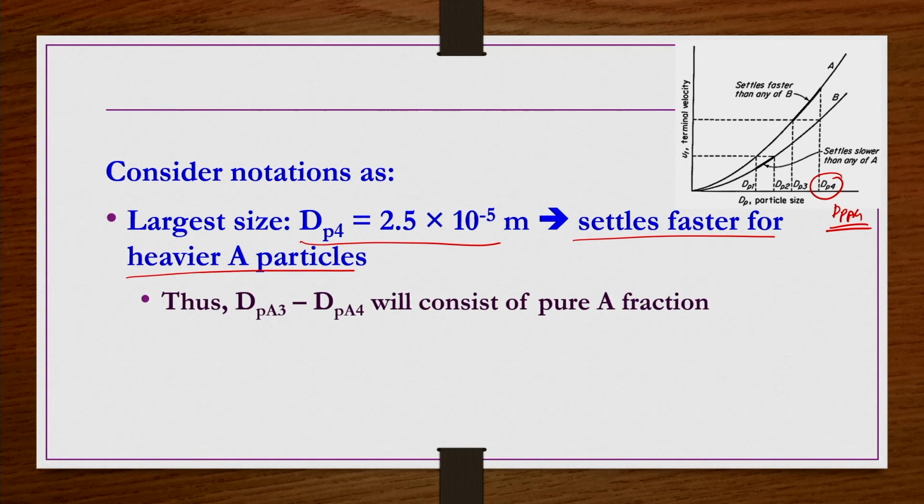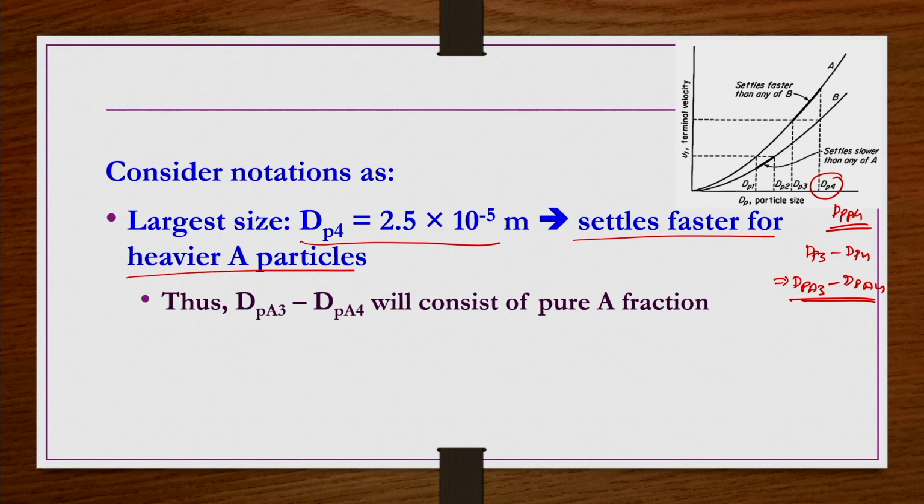Thus, whatever is from dp3 to dp4 is going to be the pure A fraction, dpa3 to dpa4.